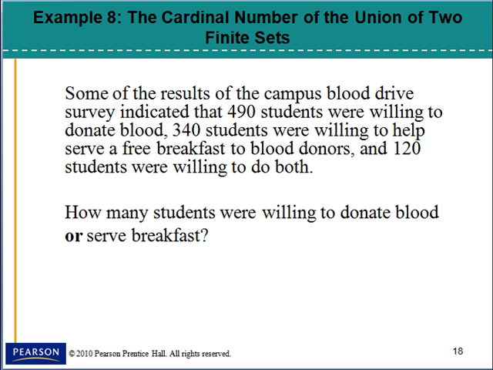Here's the example. We have a blood drive on campus, and we survey that 490 students are willing to donate blood. Let's call that the number of A. We have 340 willing to serve breakfast.